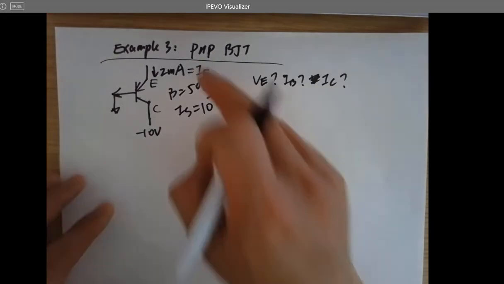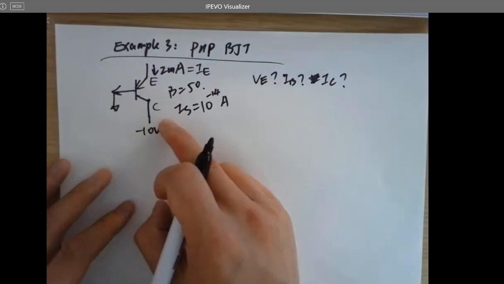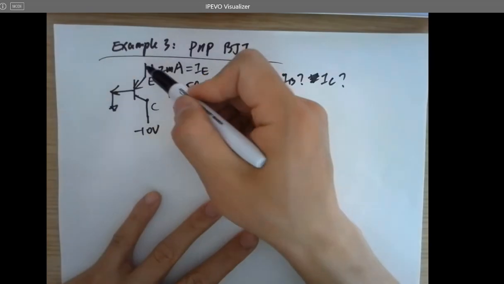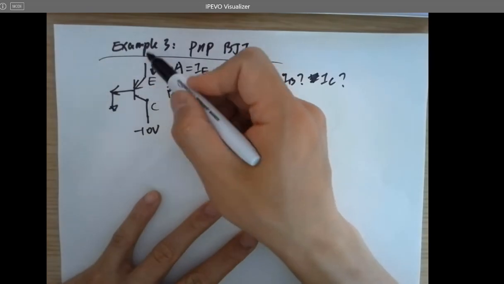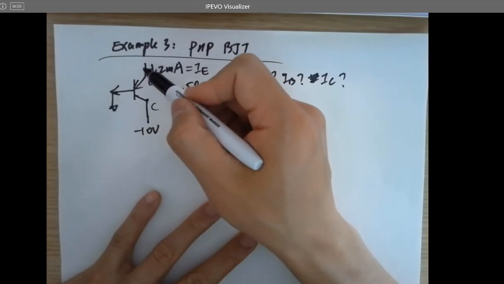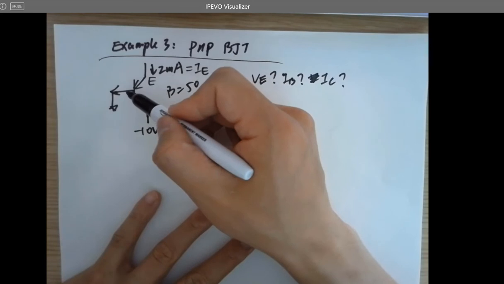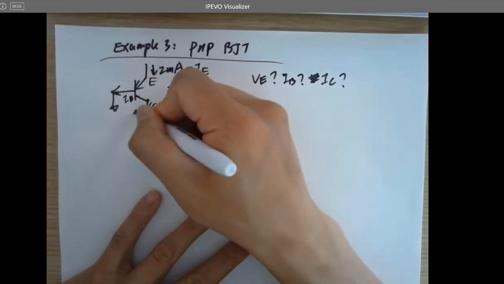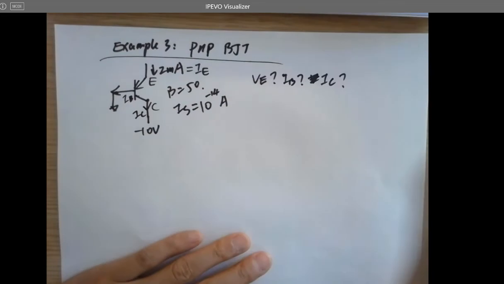So the PNP transistor follows the same rules as all the equations you have used for the NPN transistor. So IE will be the largest current, and it's being split into 2 branches, IB and IC, according to KCL, right?